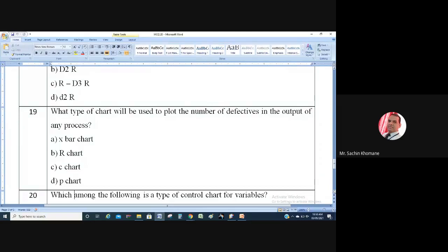But for number of defectives, we saw the tyre example in the discussion: a lot of tyres, and what percentage are defective. Which chart do we refer to? Anybody remember the tyre example? P chart. So there are charts: X bar, R chart, C chart, P chart. Try to understand the use of each chart and how to calculate UCL and LCL.